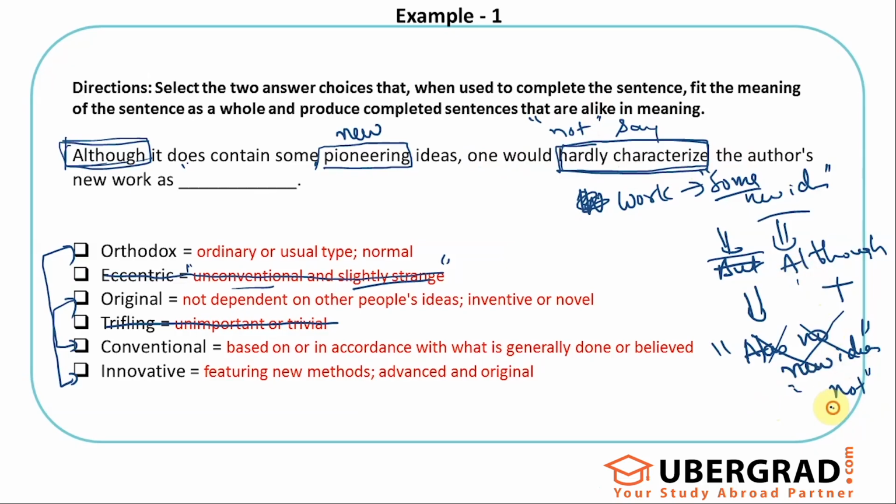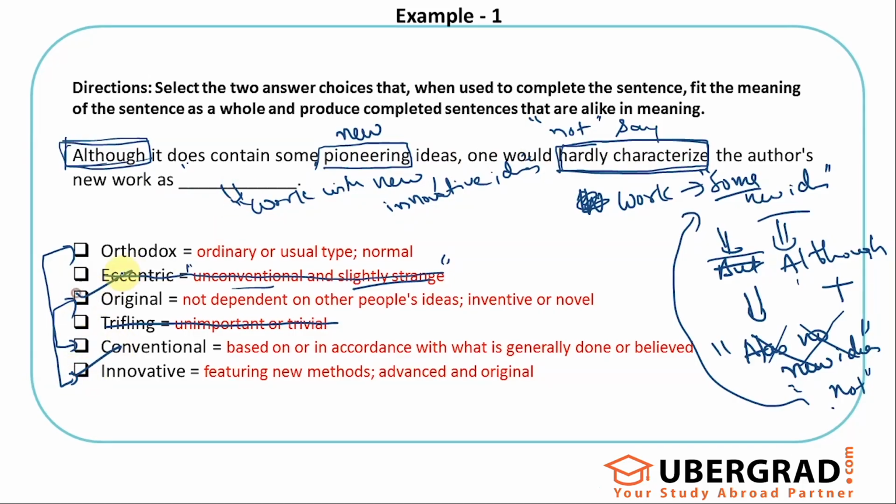So basically this plus this, both negative, will take you again into the same direction, basically saying that here I should have something like one would hardly characterize the author's new work as some work with new ideas, innovative ideas, etc. Creative, original stuff. That is what I should fit here, and obviously innovative and original is the right pair for me.